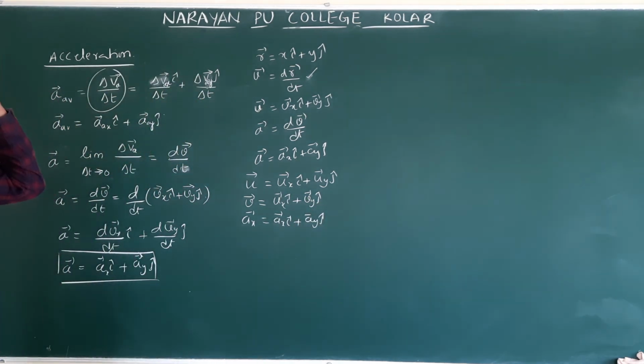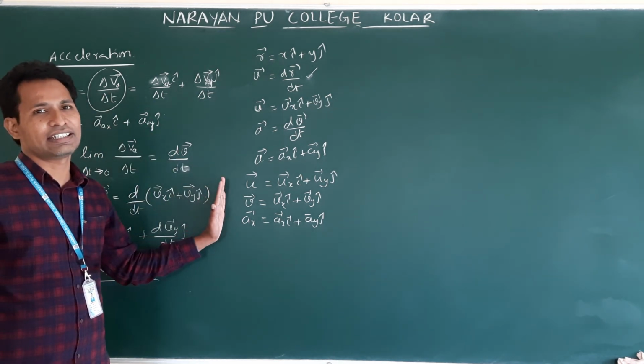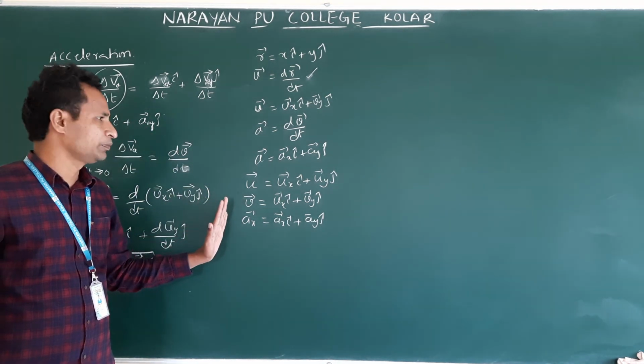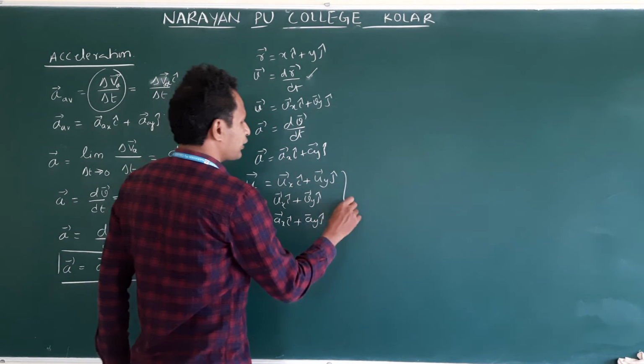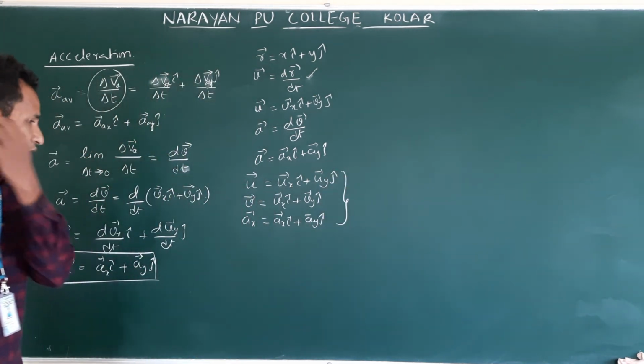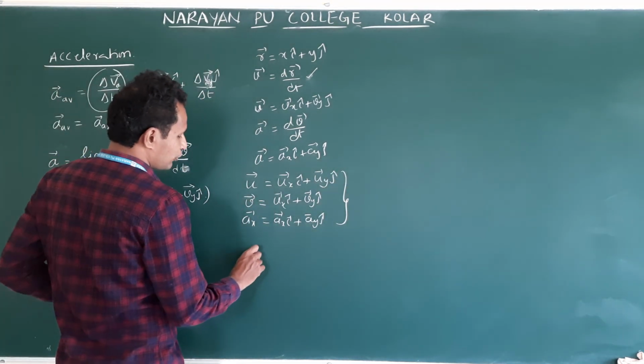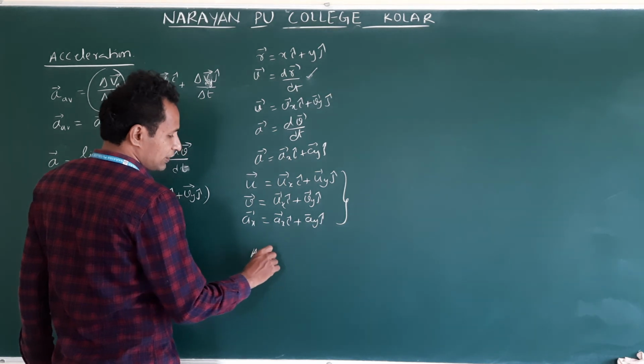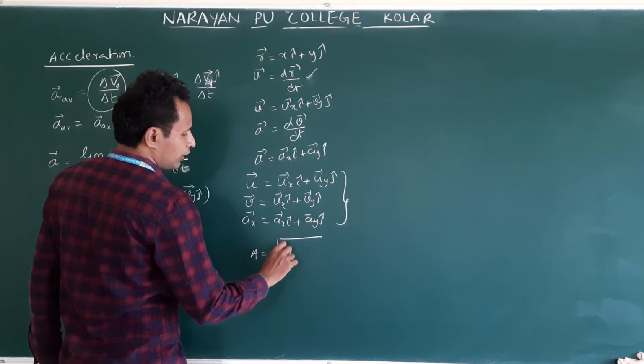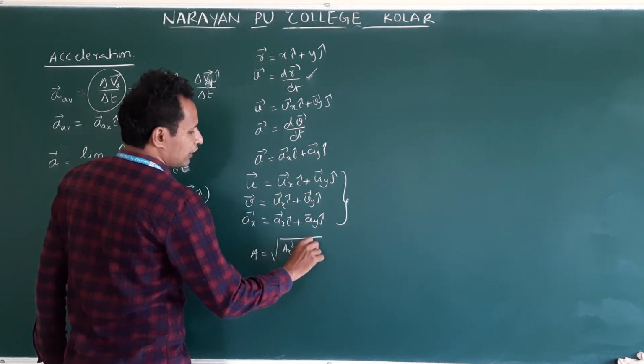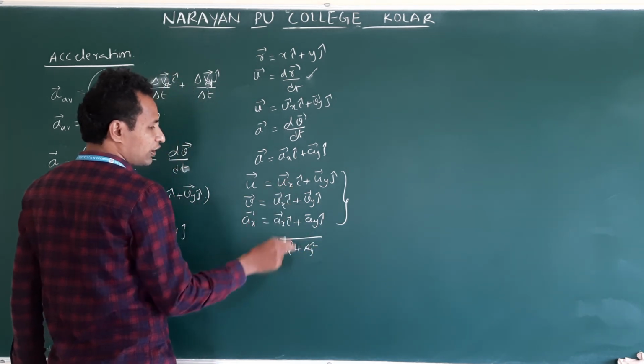To find the directions, we follow what? Tan theta. For all three vectors, magnitude and direction we follow the same. What is the general formula? If A is a vector, magnitude is under root of Ax square plus Ay square. You follow this formula for all of these.